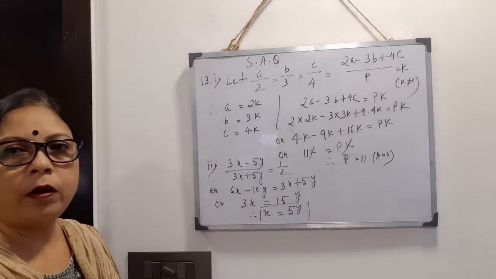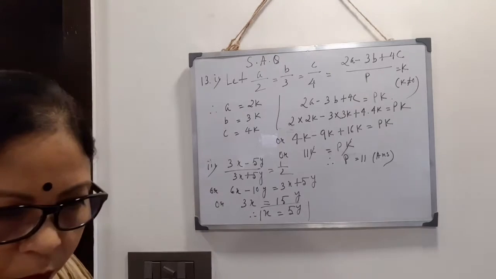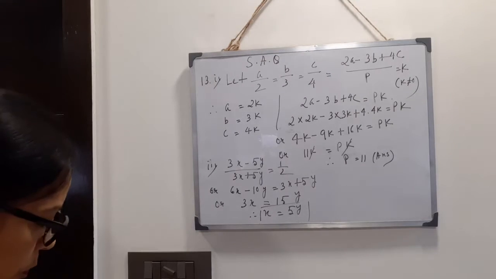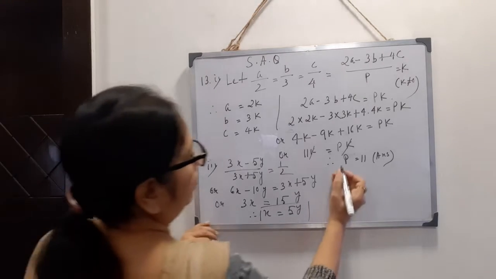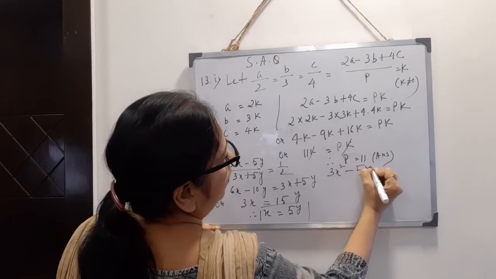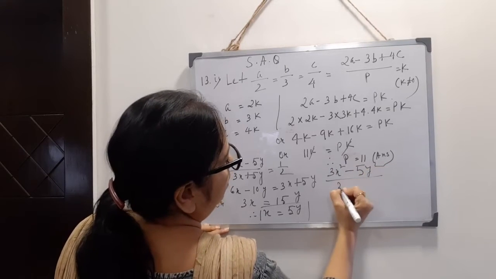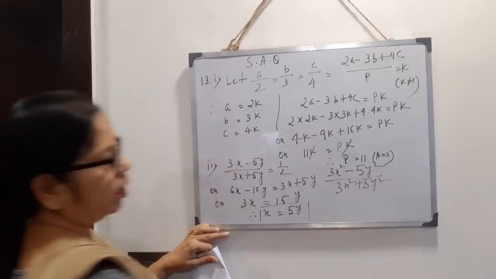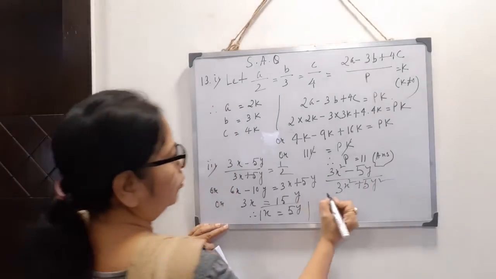This we have to put. Now what to find? You have to find out the value of (3x square minus 5y square) by (3x square plus 5y square). This value you have to find out.